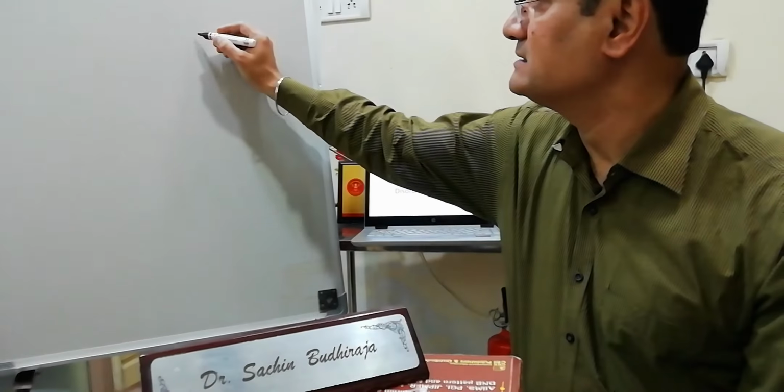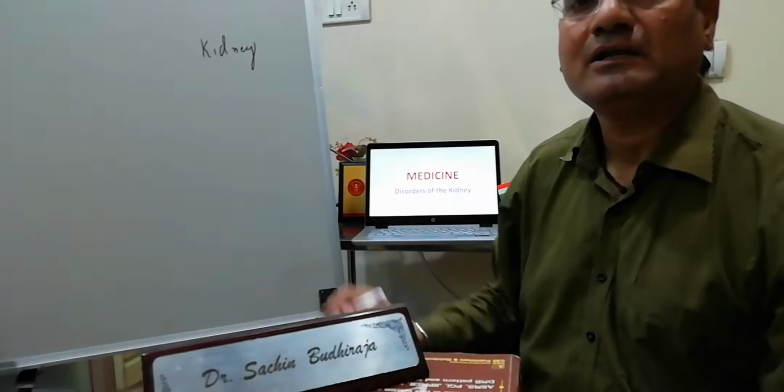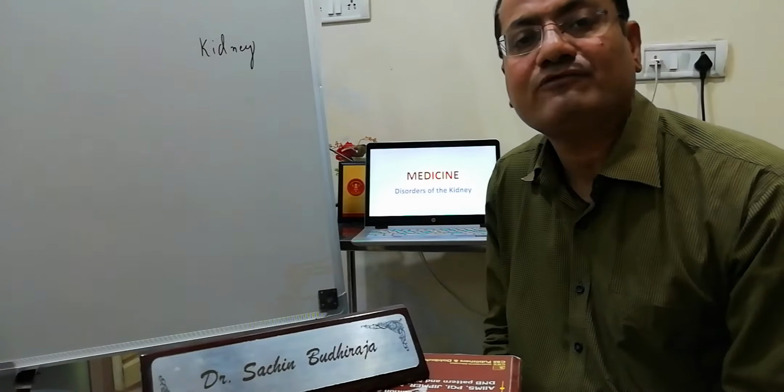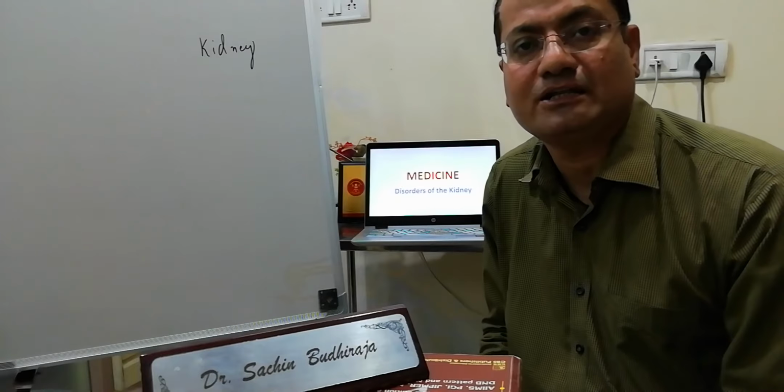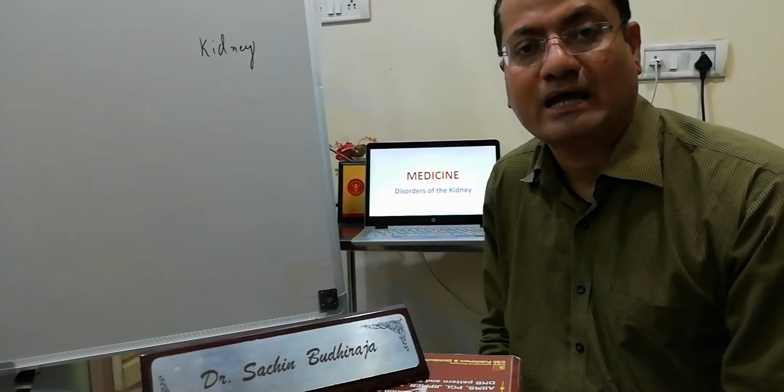So, before the basic approach, first of all, we need to be aware of what all disorders or diseases in the kidney we are going to confront with, right, in the clinical practice. Now, as far as the kidney is concerned, anatomically, broadly, we can classify the various structures inside the human kidney into four broad categories.